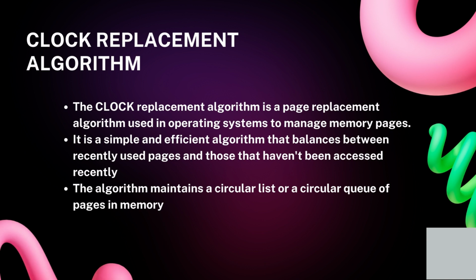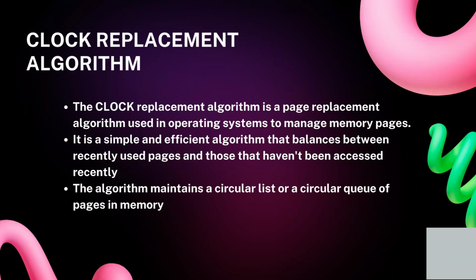Clock replacement algorithm. So, what is that? It is a page replacement algorithm used in operating systems to manage memory pages. It is a simple and efficient algorithm that balances between recently used pages and those that have not been accessed recently.